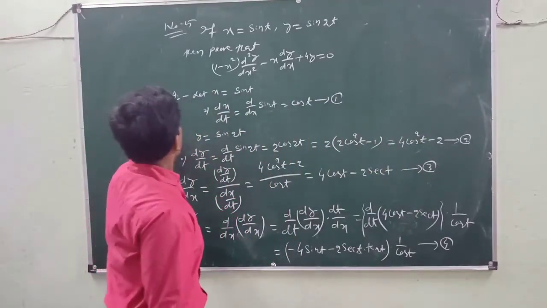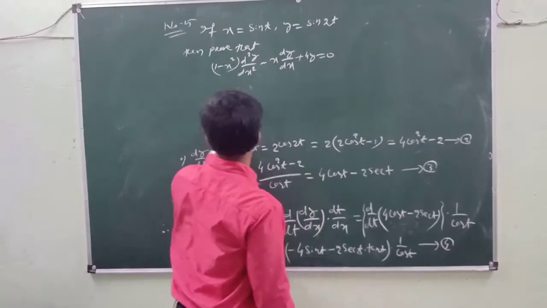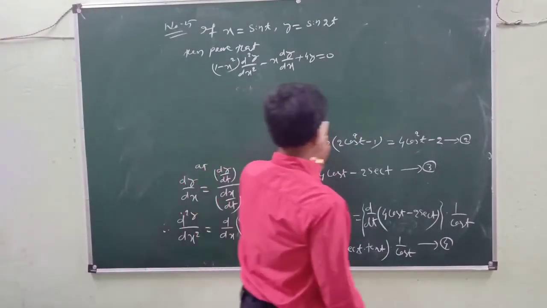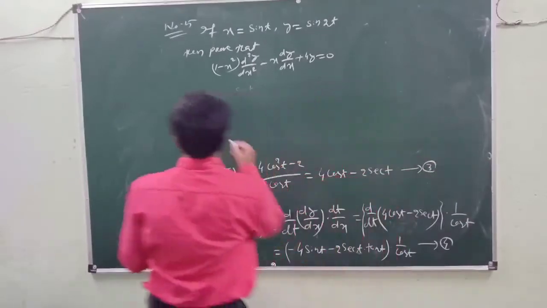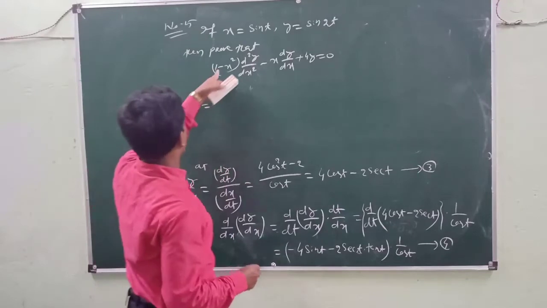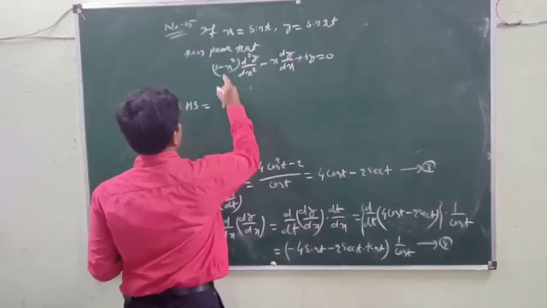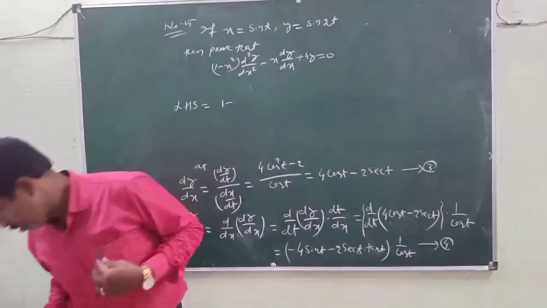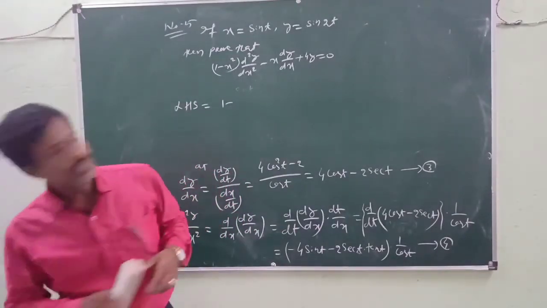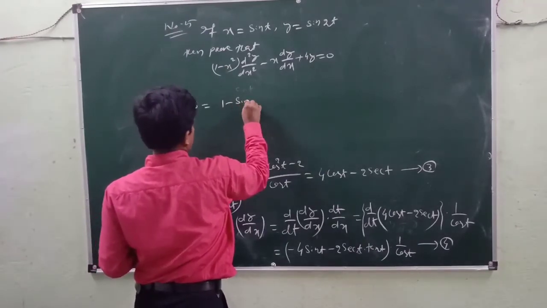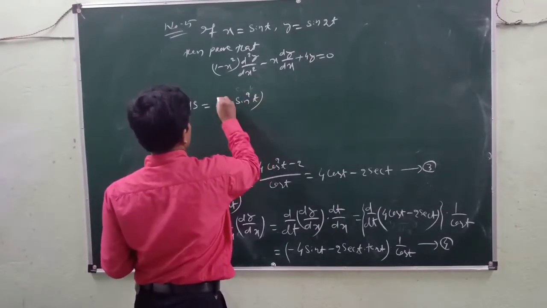Now we are taking LHS. So LHS is equal to, look, 1 minus x square. The value of x is sin t, so 1 minus x square means 1 minus sin square t.